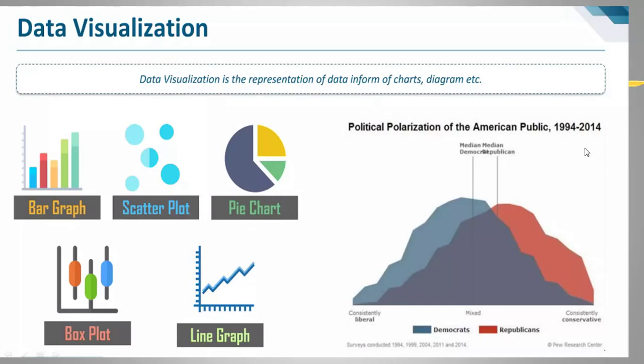This is intersecting the two sections, like a Venn diagram, and this is called mixed, where people are either Democrats or Republicans but are not sure what they are. This is the median of Democrats and this is the median of Republicans. So this is called data visualization. This helps to visualize the data very quickly.